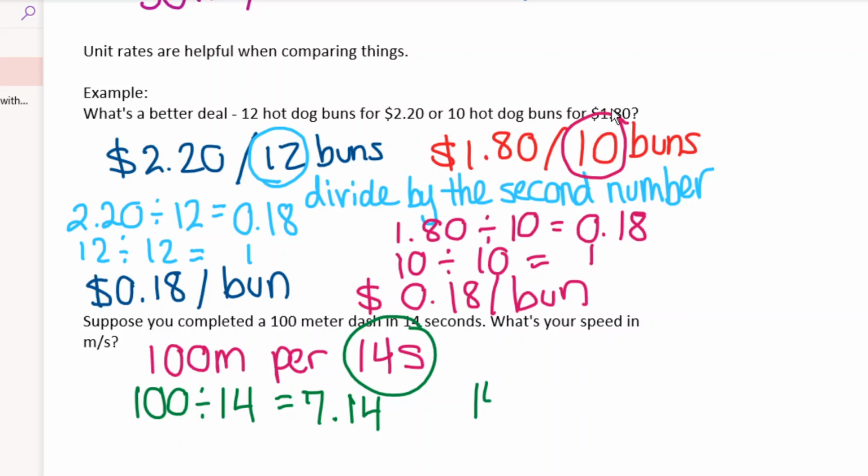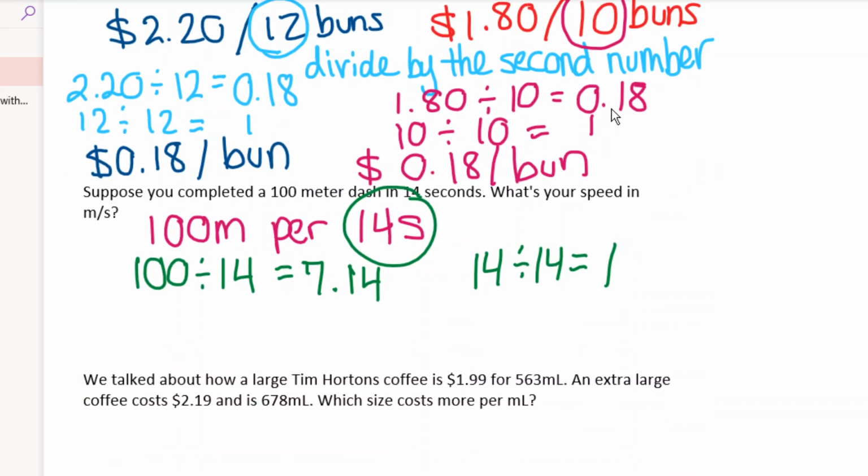And then we do 14 divided by 14, and that will always be 1. Our second number should always be 1 if we've done this correctly and we've divided by the second number. So that tells us that your speed is 7.14 meters per second. Pretty simple. You write out your rate, you divide by that second number, and then that will be your unit rate.